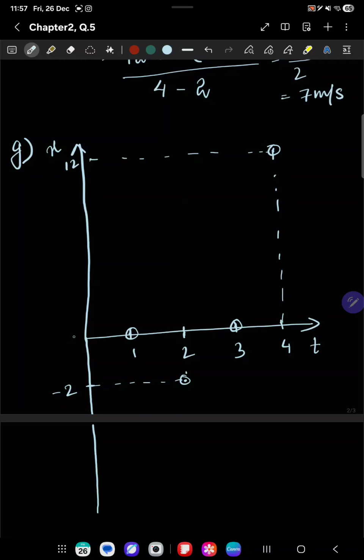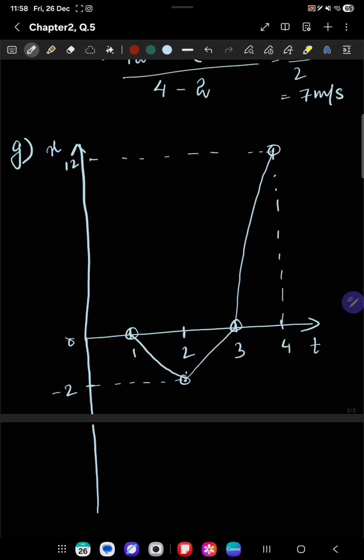This point will give us a value of 0. This is 0, right? So if we want to find out the x versus t curve, this will be our curve. Right, let me draw it clearly. Yeah. So this is the final x versus t curve.